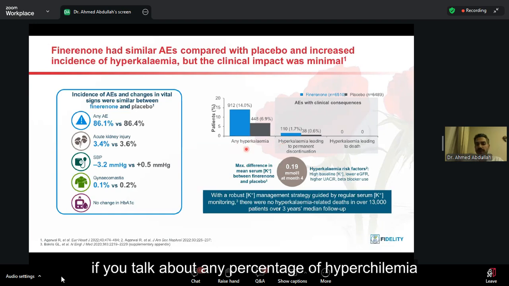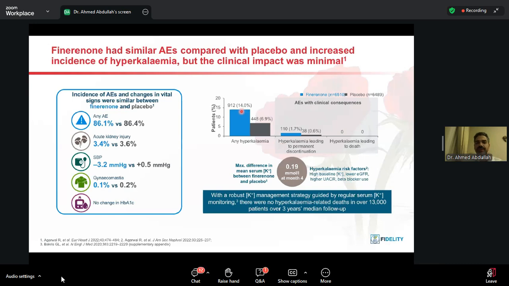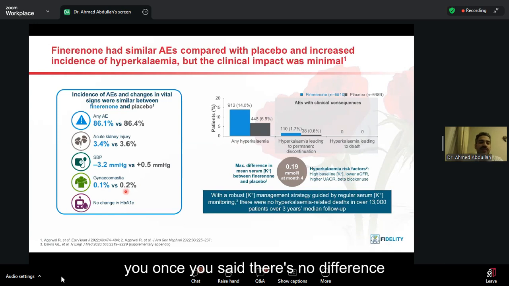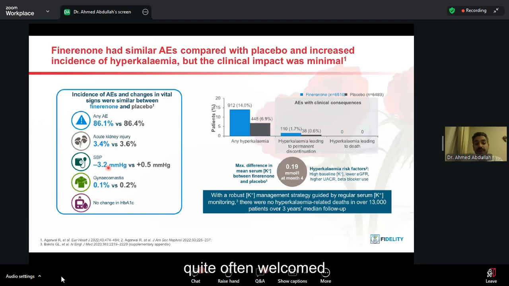Now, if you talk about any percentage of hyperkalemia, obviously you will have a higher percentage in this group compared to placebo. And then in terms of A1C, we said there's no difference. Gynecomastia, there's no difference whatsoever. Small drop in your systolic blood pressure, which is quite often welcomed.